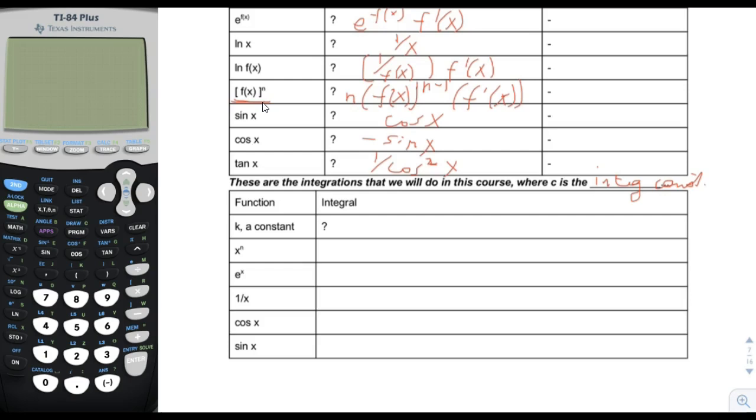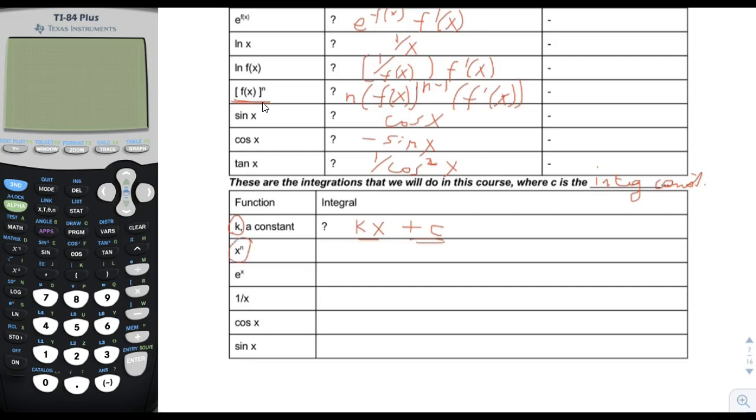So if you have the constant k, the integral of the constant k would be kx. And then every time we take an integral, we can check to make sure it's the integral by taking the derivative of it. Remember, we are always adding the constant c, because whenever you take the integral, you don't know what the constant was before you took the derivative. So if you take the derivative of this, the derivative of kx is k, right? So that's correct. The derivative of c is always 0.